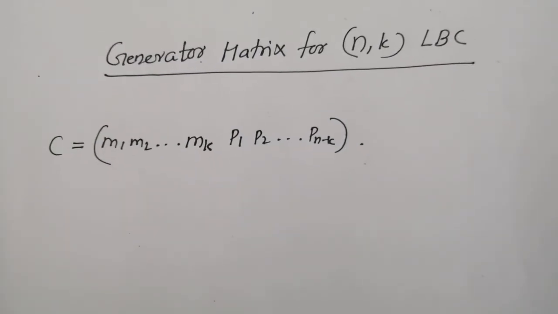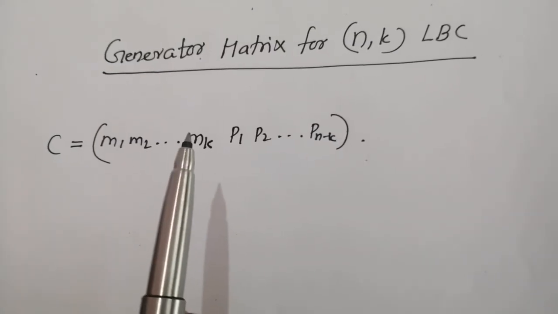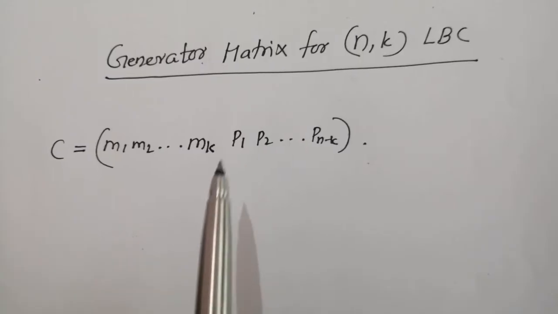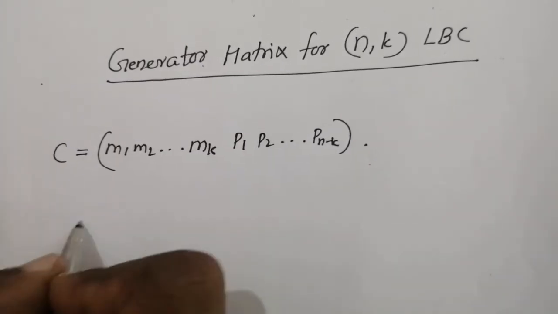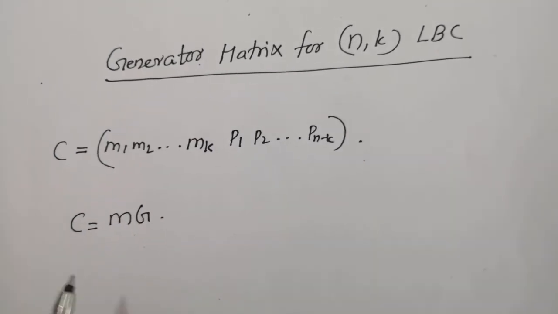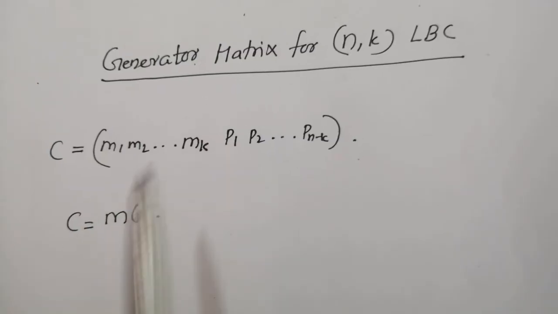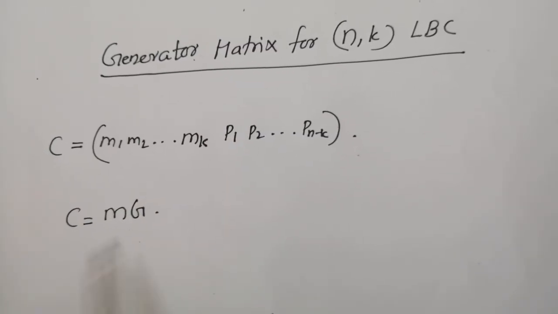Now, how will you generate a linear block code? Generally, a linear block code is obtained by multiplying the message vector with the generator matrix, that is C = m G.